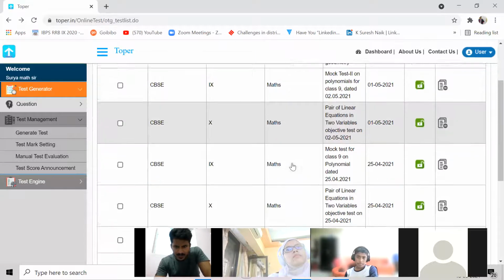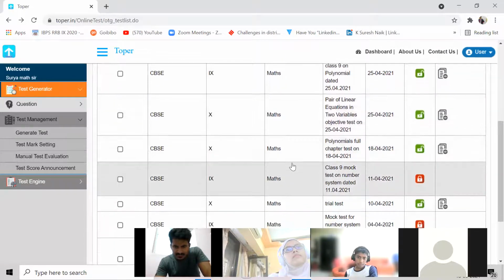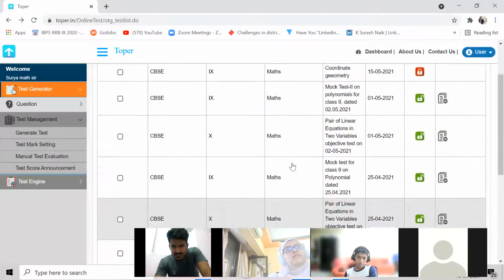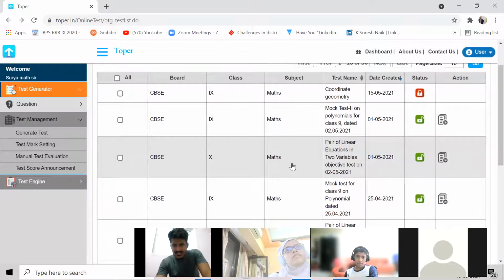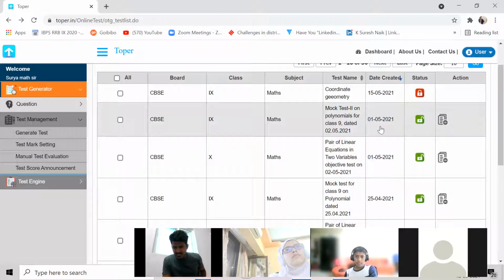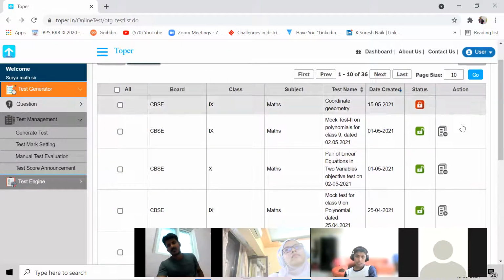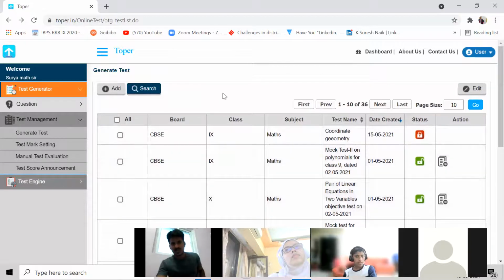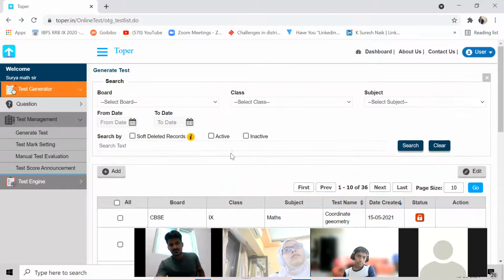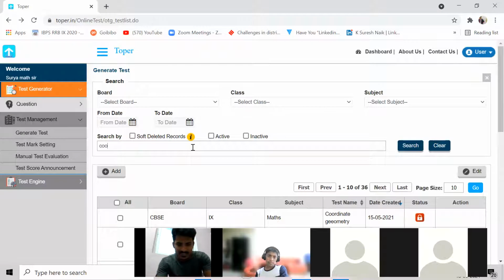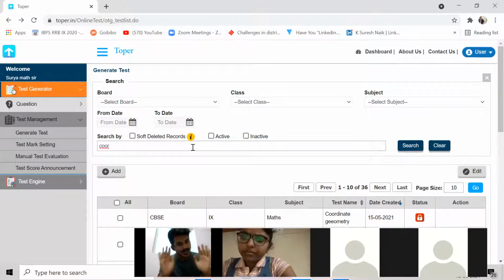Coordinate system, where was it, guys? Look at this. You can see here the test for the 9th standard math: polynomials was on May 1st, and coordinate geometry was on 15th May. But we somehow got the other one. Guys, be calm, be cool.